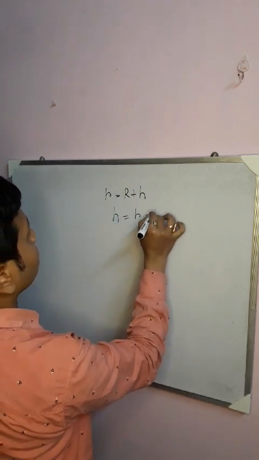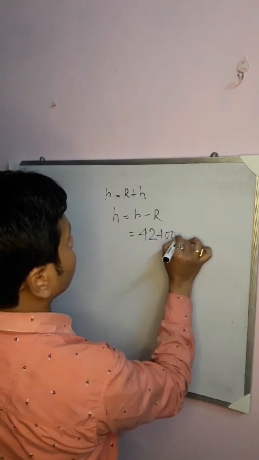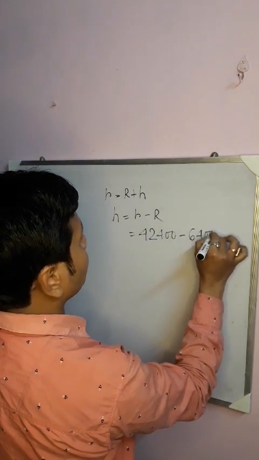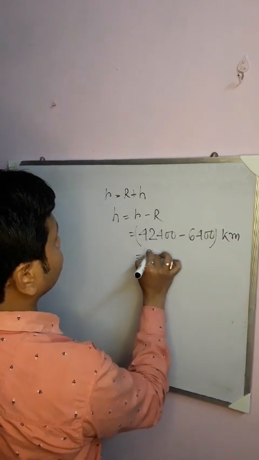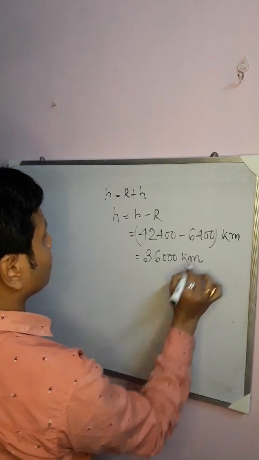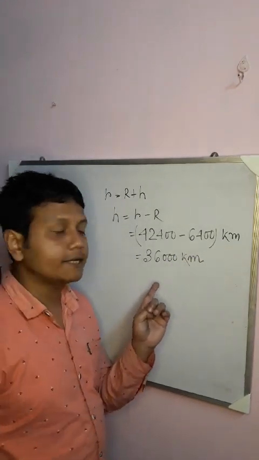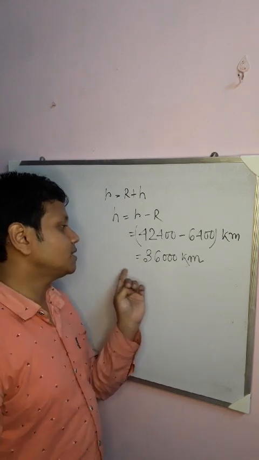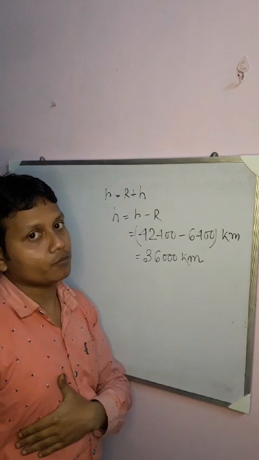That is simply r minus R. We found r, and radius of earth is this, in kilometer. So this is the result. A geostationary satellite must be placed at a height 36,000 km from earth's surface so that it can work properly.